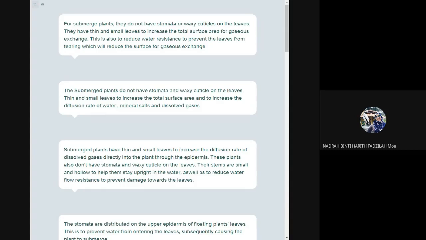Sebab bila kita ambil apa yang kita refer, lepas tu kita cuba describe balik dengan kita punya gaya ayat, we are trying to make a meaning of the information that we have read from the textbook. So bila kita try to make a meaning, barulah jadi pembelajaran.